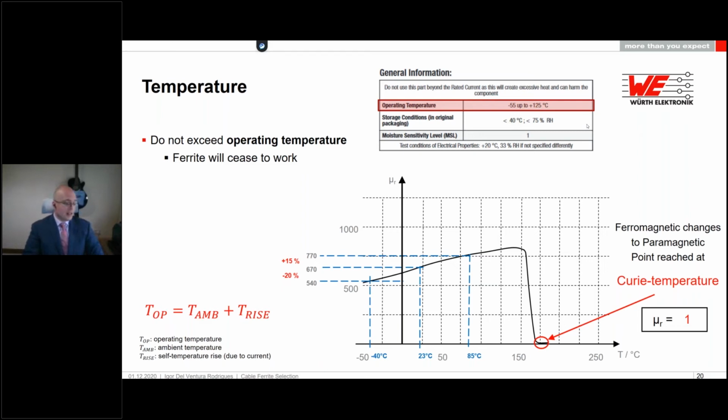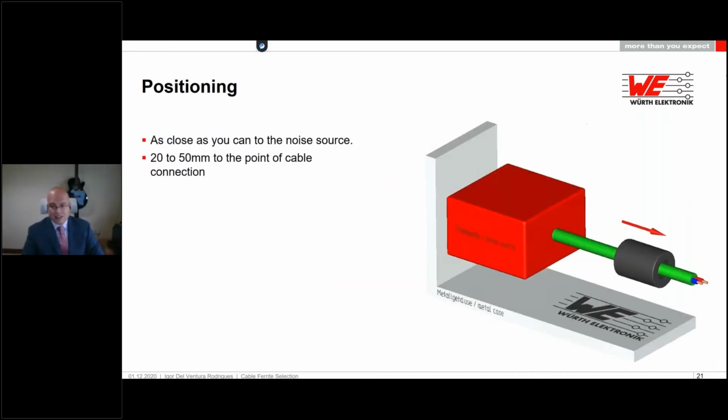Positioning of the cable ferrites is important as well. We always suggest you having a distance between 20 and 50 millimeters, as you can see here on the screen, between your ferrite and the noise source or the block that's being affected by the noise. This will enhance the capabilities of the ferrite.